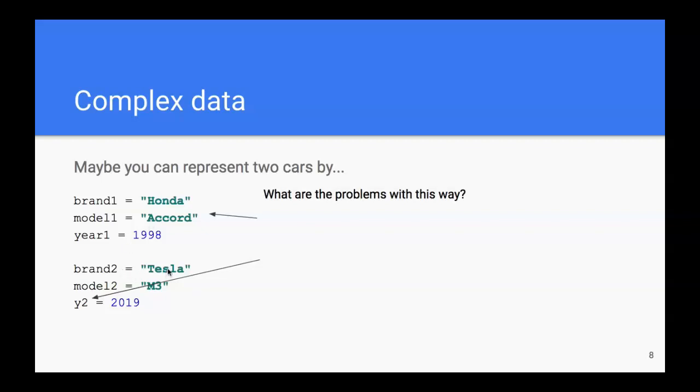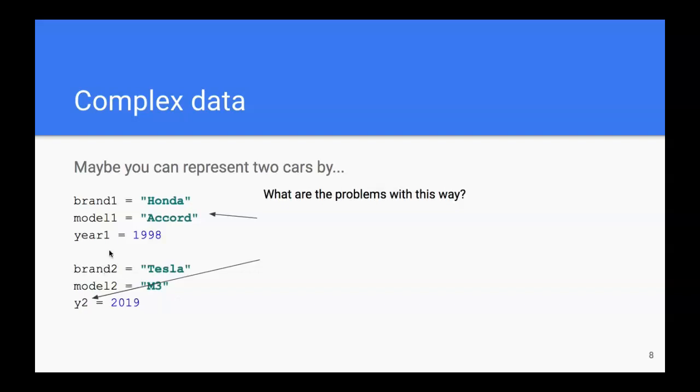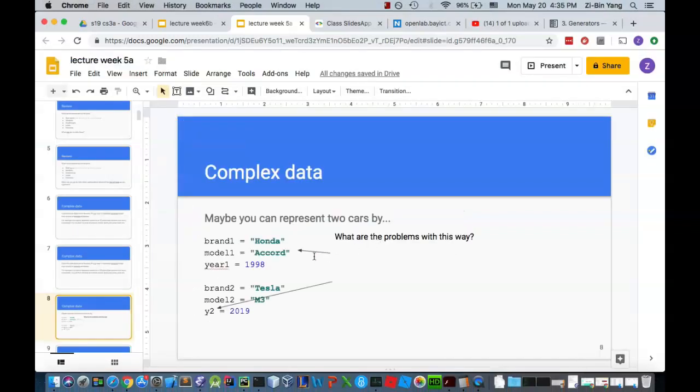And then we can have maybe another set of variables that looks similar that represent a different car. So in this case, I prepend the name: brand one is for car one, brand two is for car two. I don't know where these extra arrows are coming from. Now let me get rid of that. I remember.